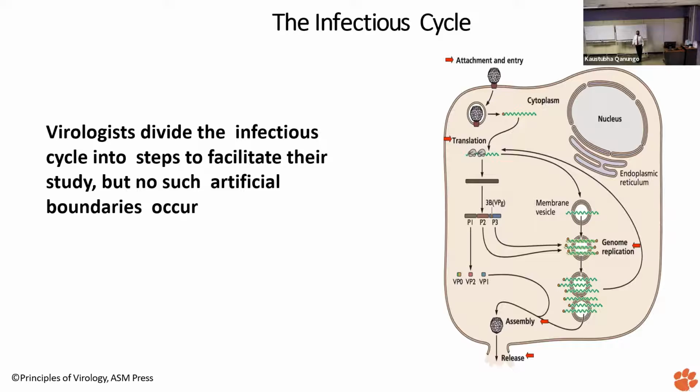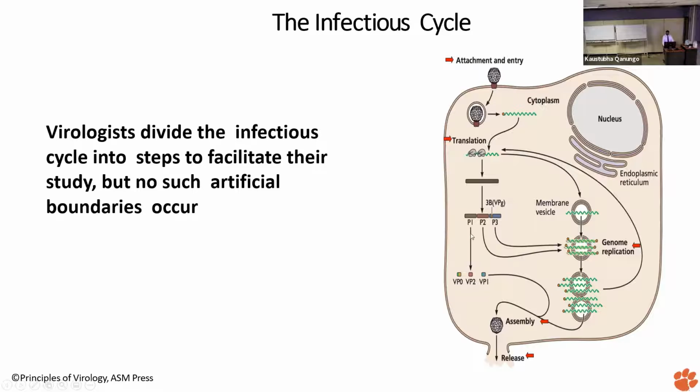So once it goes inside the cell, you have to do two things. You have to make the proteins, which will make the box, and also replicate the genome that will be packaged inside that box. To do the first function, you need translation, which is making all the proteins needed for making the box, and you also need to replicate the genome.